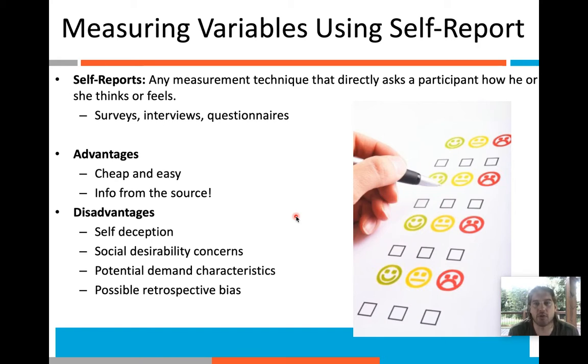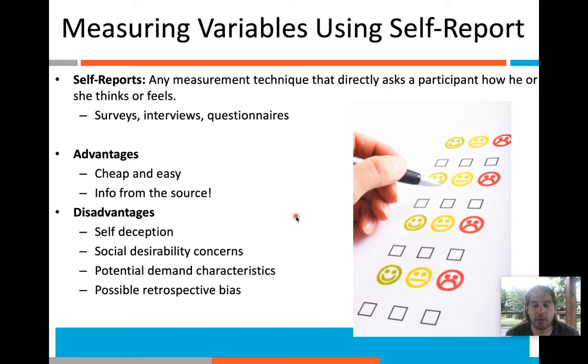There are potential demand characteristics. This is kind of a strange term because I don't think the term tells you a whole lot about what it is, unfortunately. It's very simple, though. A demand characteristic is when the participant figures out what the researcher wants, or what they think the researcher wants. Right?